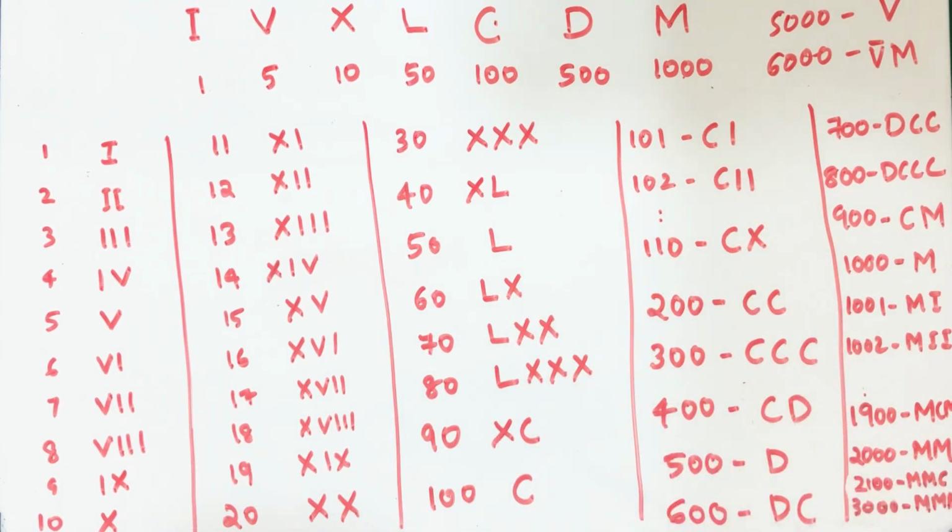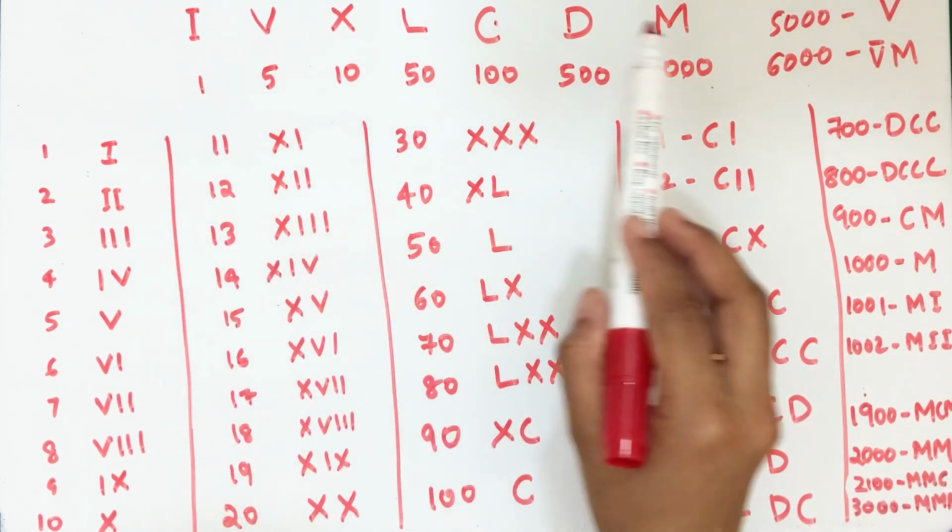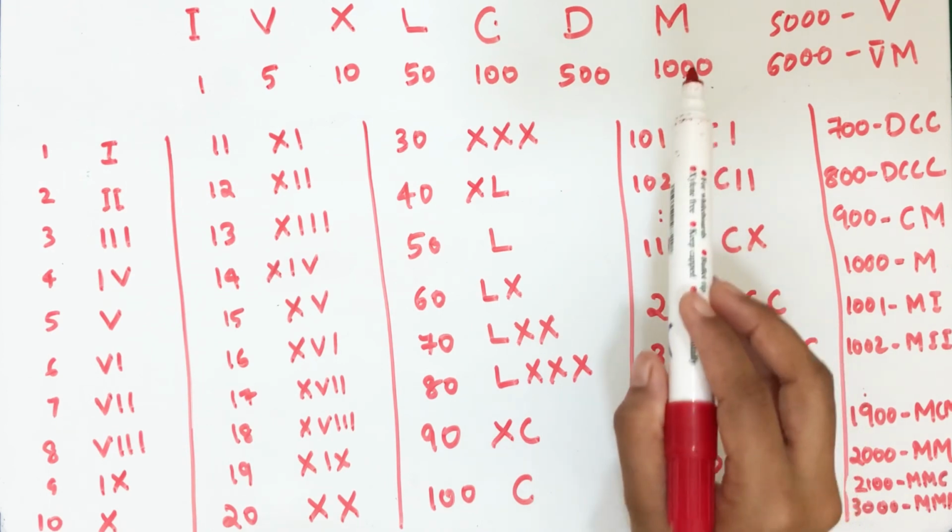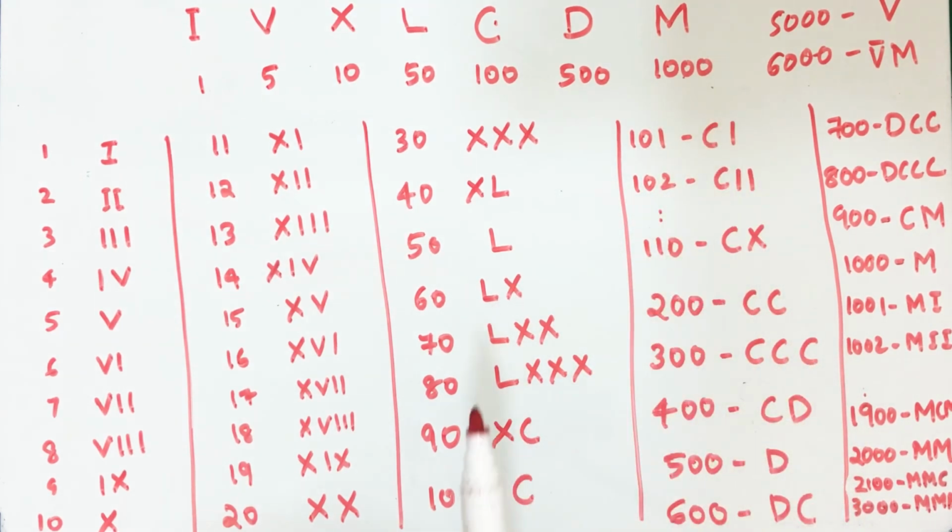So to write all these numbers, you should know these 7 numbers and 3 rules. That is, to add the number, we are placing the number to the right. And to subtract the number, we are placing the number to the left. And a symbol is not repeated more than 3 times. Only those 3 rules are enough.